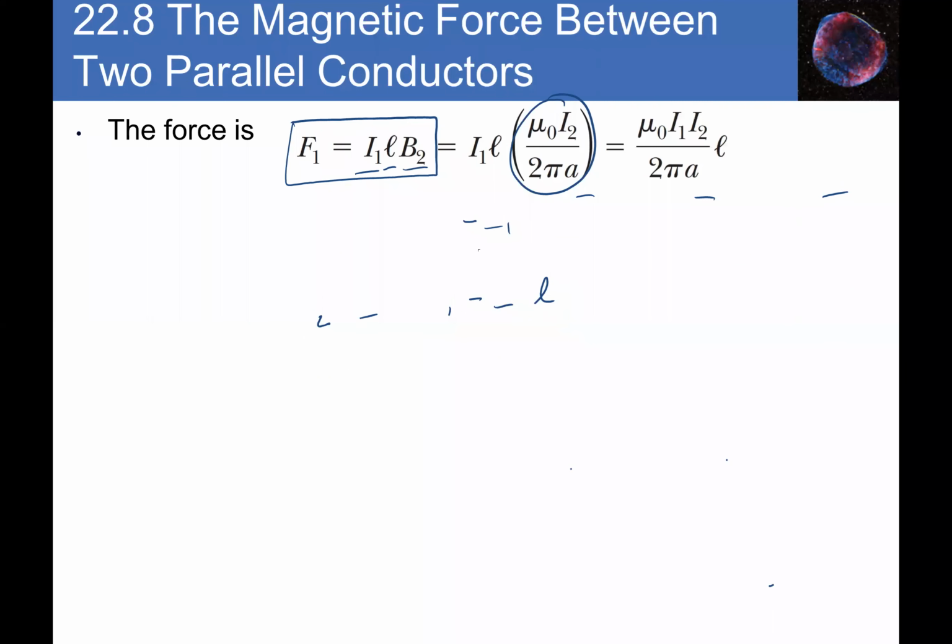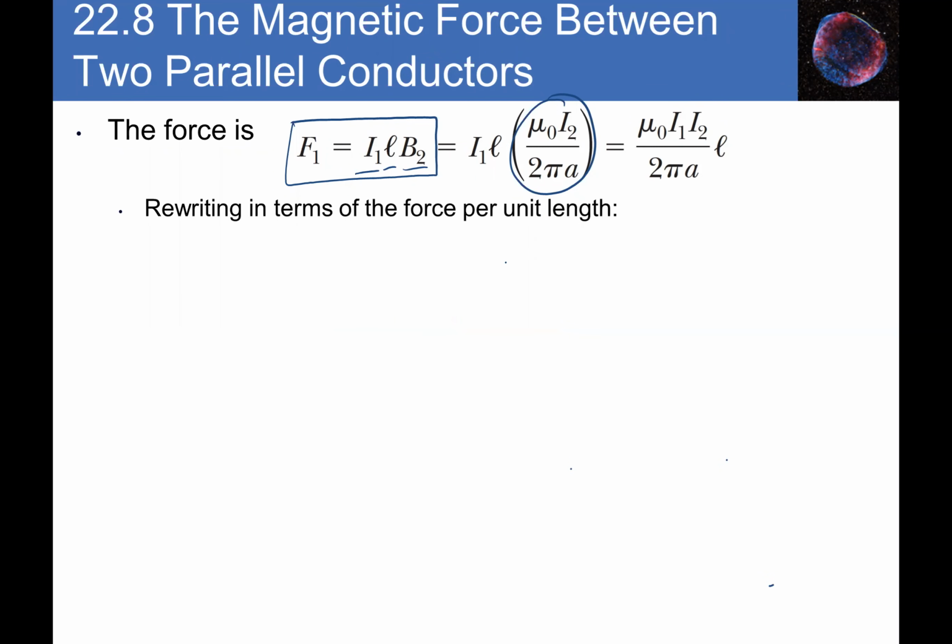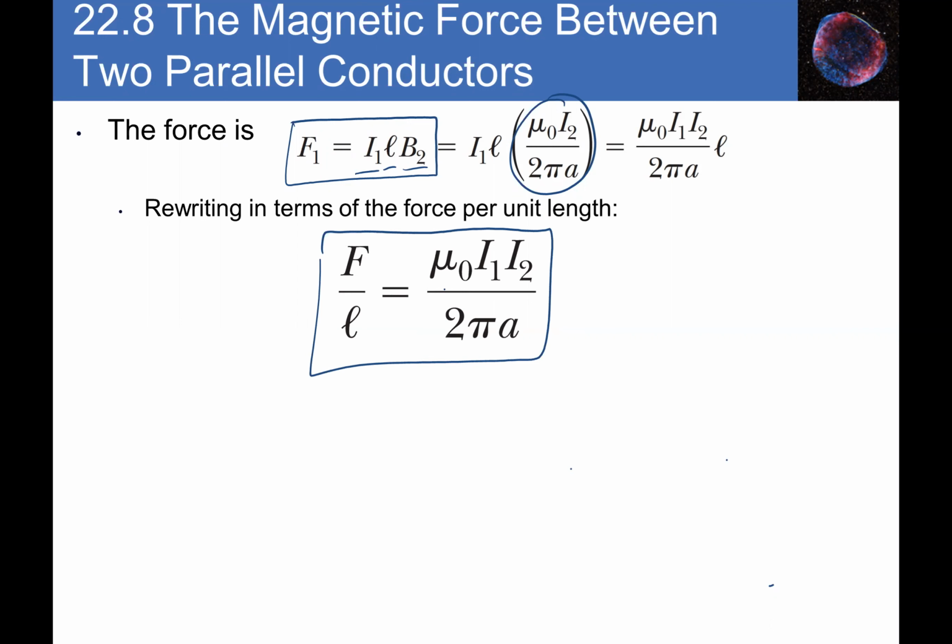So let me show you the equation here. Take this equation over here and divide it by the length. So you get this force per length, which equals the mu naught constant times the product of currents 1 and 2 divided by 2 pi times the distance between the wires. That means the equation applies to both wires.